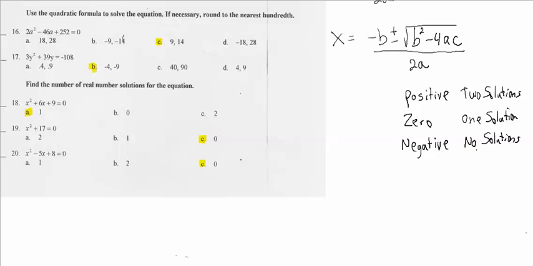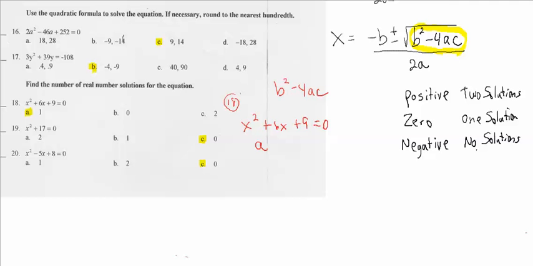Okay, on number 18, 19, and 20, we're going to find the number of real solutions for the equation. And we are going to use the discriminant. So it's what's inside of the square root on our quadratic formula. So we've got b squared minus 4ac. So we've got x squared plus 6x plus 9. This is number 18 that we're doing.